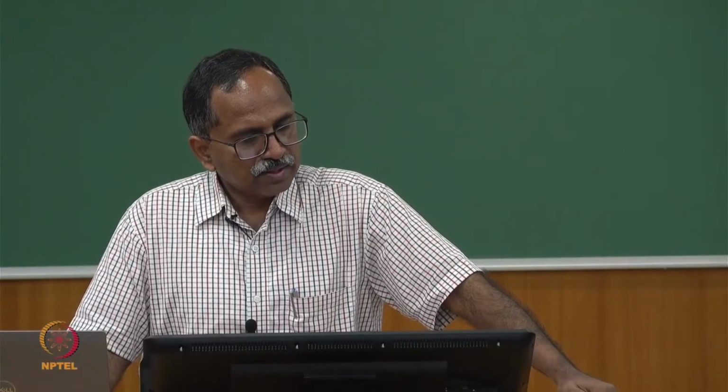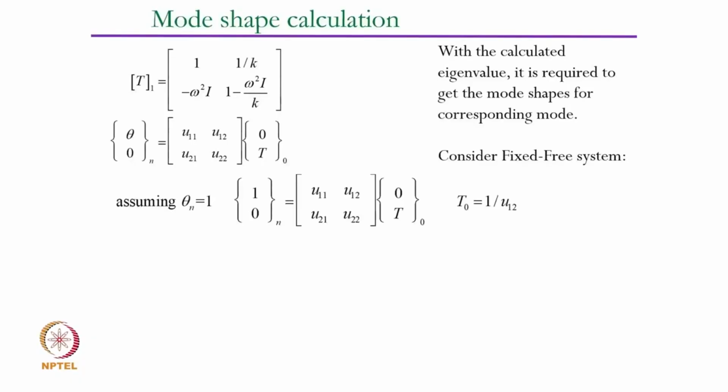So, if you consider a fixed-free system, suppose this is our equation. This is our final equation that we got. What I can do is write or assume theta n to be unit value. Ultimately, what is an eigenvector?